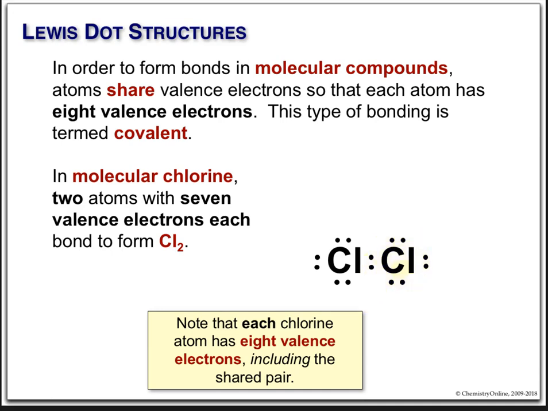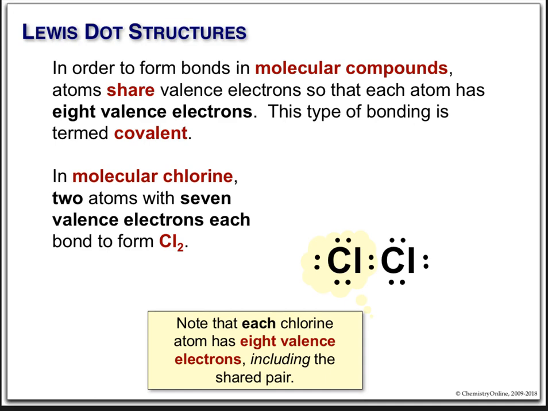This chlorine, 2, 4, 6, 8. We count the shared electrons for both atoms. Both of these have an octet. That is why Cl2 exists.